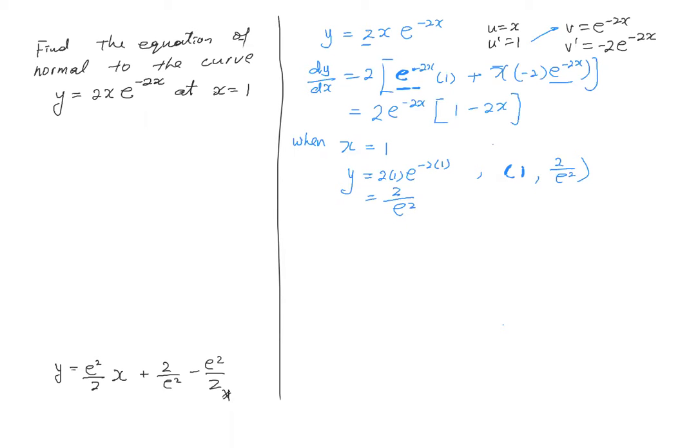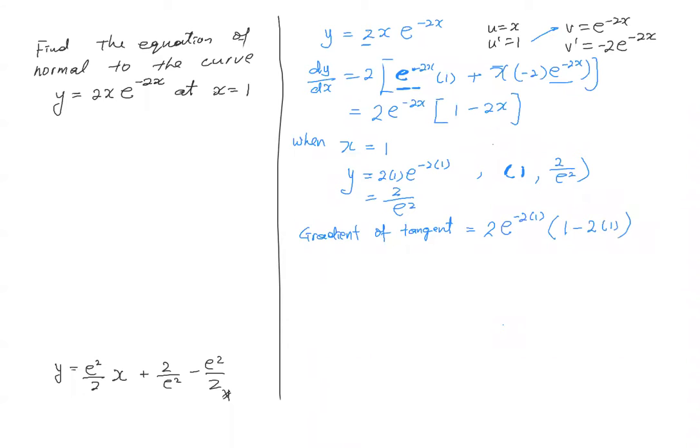Now you have to get the gradient of tangent. If I need to write it down, I write it down properly. Gradient of tangent, that is your dy dx. So you substitute your x as 1: 2e to the power negative 2 times 1, times 1 minus 2 times 1.